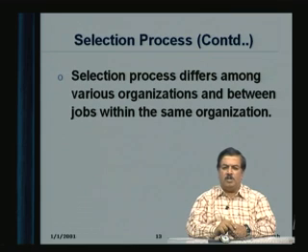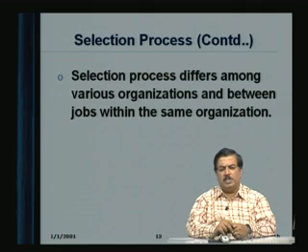You also see that the selection process differs among various organizations and also between jobs within the same organization. Sometimes the organization is in a hurry, and then they have to compromise on many of the standard procedures they would like to follow. Sometimes the number of applications is too many; for one job there could be about 300 to 400 applicants.